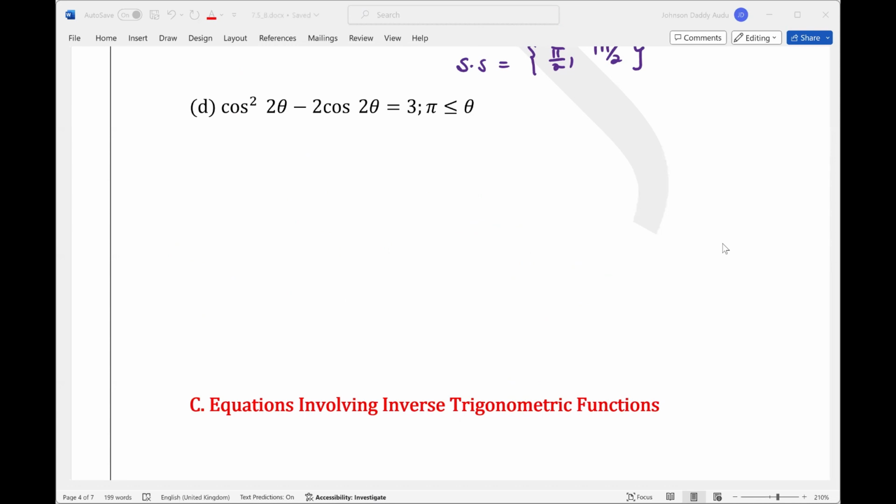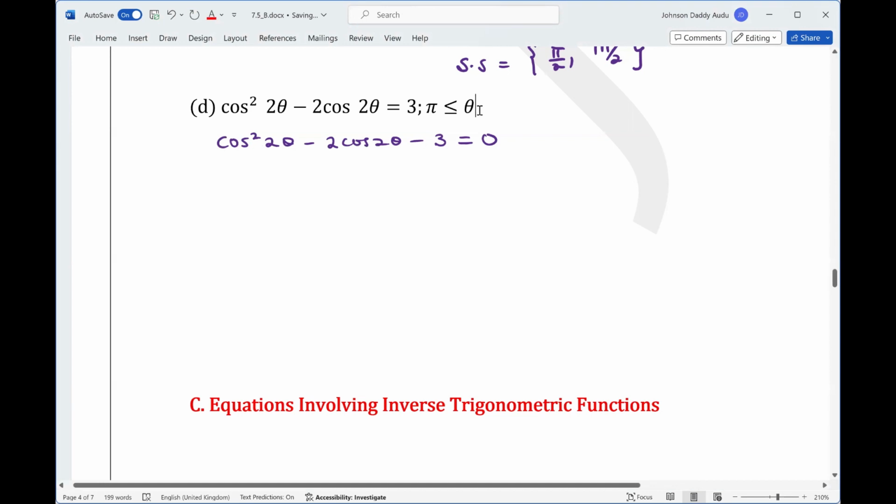All right, so here, what can we do? We can say this is cosine squared 2 theta minus 2 cosine 2 theta, okay? This also is more like a substitution because we can write this minus 3 equals 0, between 0 and 2 pi.